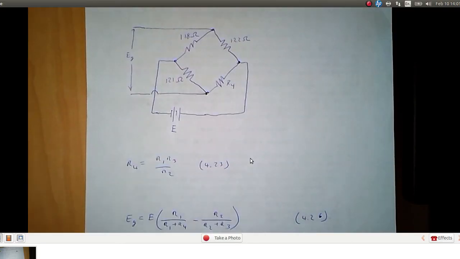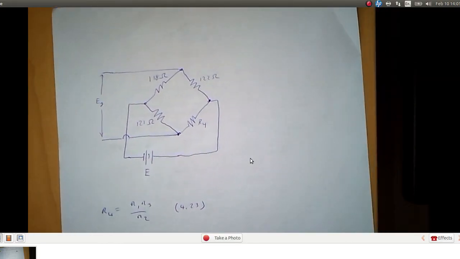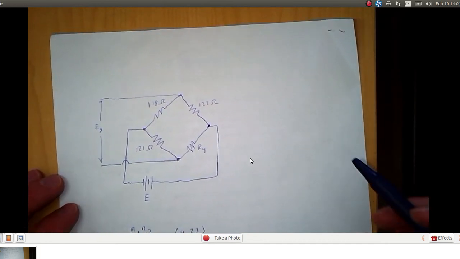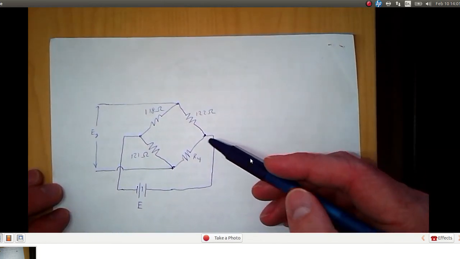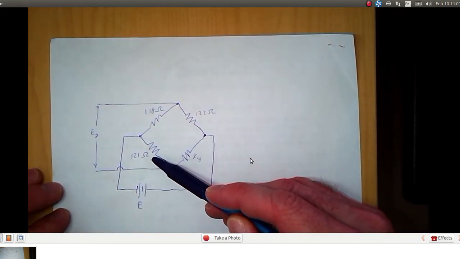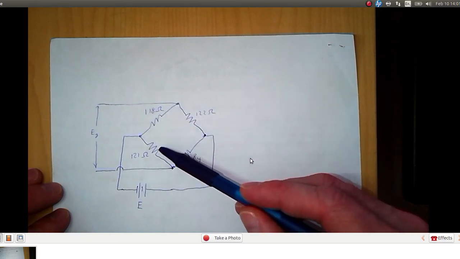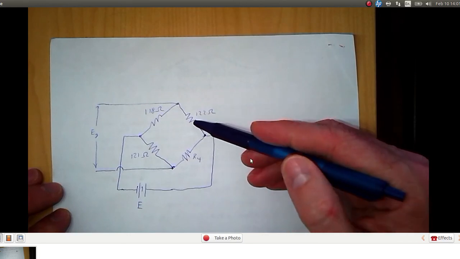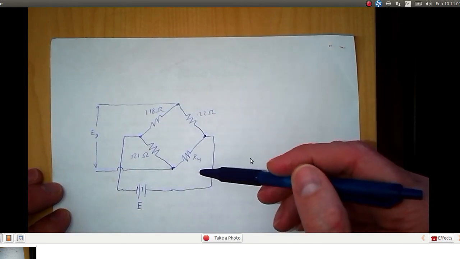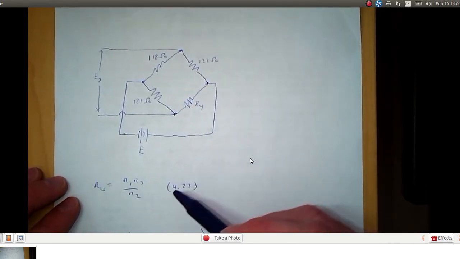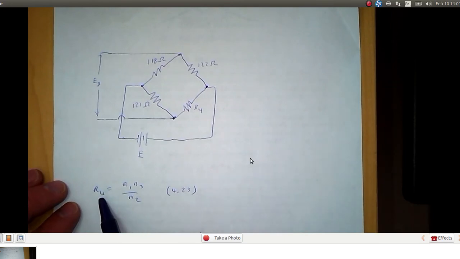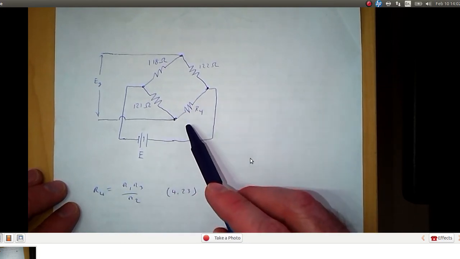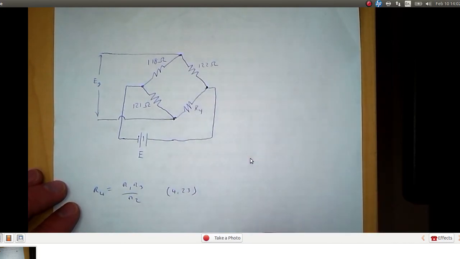Here is an example of a Wheatstone bridge being used for a DC system. Say we have these values for R1, 2, and 3, and R4 we want to determine so that we will have a balanced bridge. Here's the expression for the resistances in the case of a balanced bridge, that is, EG is 0.